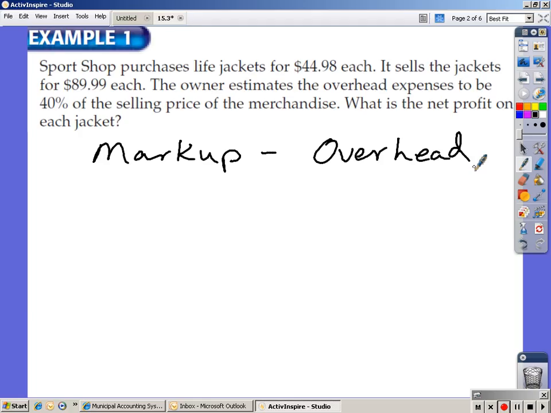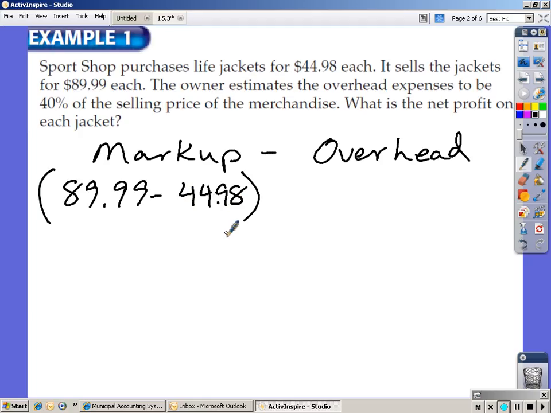Okay, so in order to find markup, we take the selling price of the jackets, which is $89.99, minus the purchase price, $44.98. Okay, that's the first part. Minus my overhead, and the formula for overhead that we were given was the selling price times the overhead rate, which in this case is 40%.